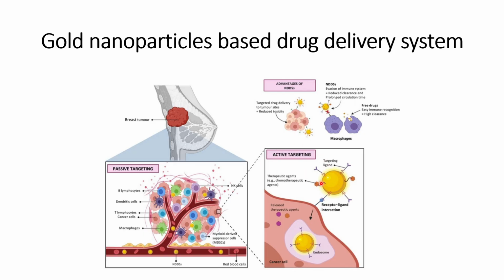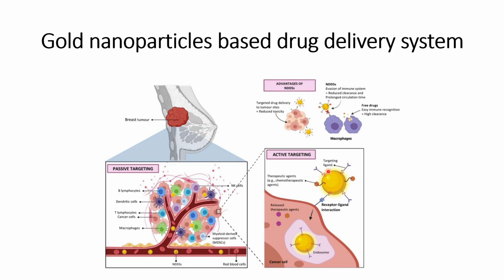So in this active targeting, there is a gold nanoparticle, and on the surface it contains therapeutic agents such as chemotherapeutic drugs, and at the same time it also has a targeting ligand, which is similar to the extracellular domain of the chimeric antigen receptors. However, it might function differently.